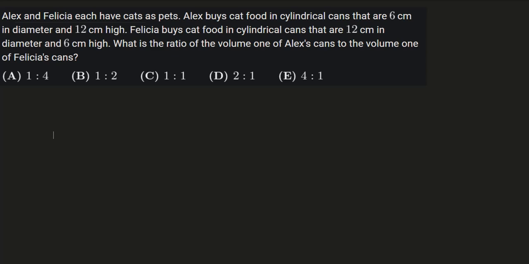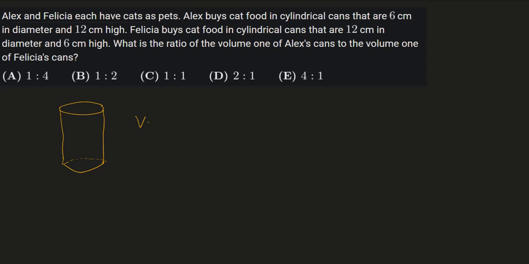And we have two cylinders, and we want to calculate their volume. Okay, for a general cylinder, what's the formula to calculate its volume? So this is a general cylinder, right? And the formula to calculate its volume is this.